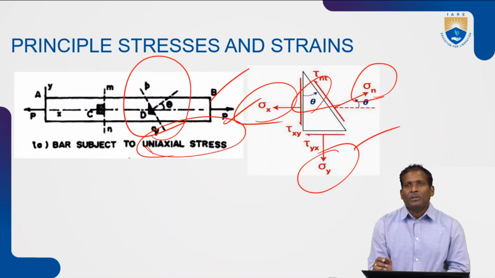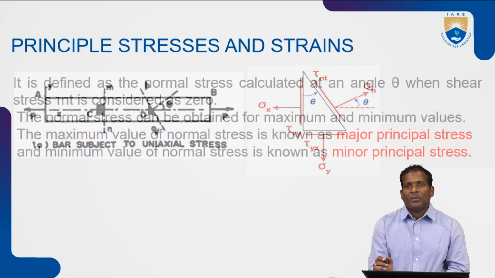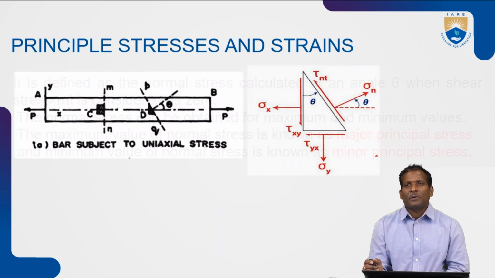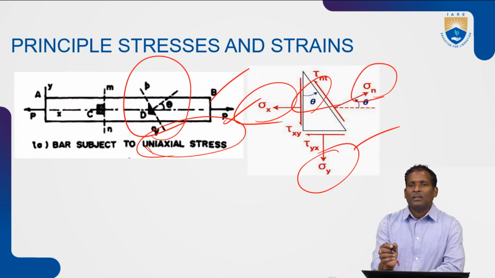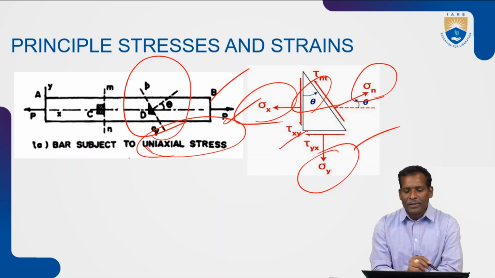The minimum value is called the minor principal stress.